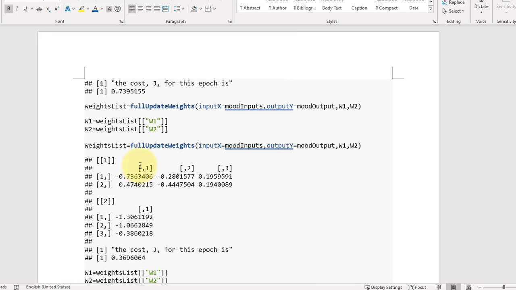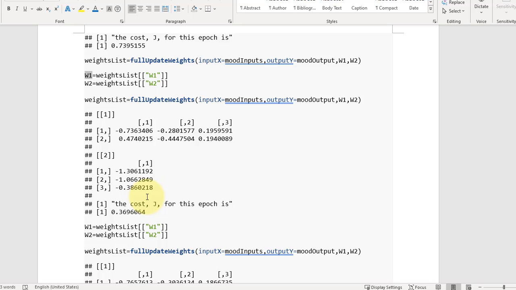And each time, by the way, after we run full update weights, we set the results into here, and then we have to use those to update the weights, W1 and W2. Then we run it again with W1 and W2, and so we update the weights again.